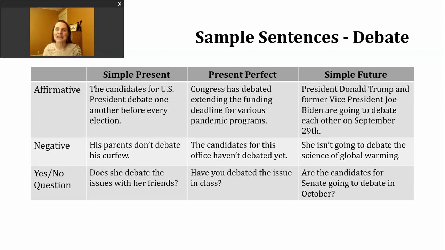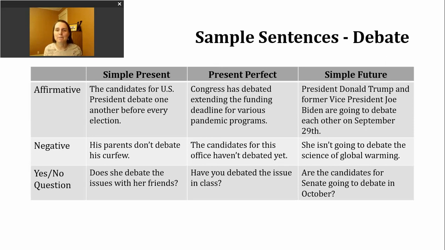Finally, let's take a look at the simple future. Today, we're going to use be going to and our base verb to discuss future activity. And let's go ahead and take a look at an affirmative example. This, I'll warn you, is a true statement as I'm recording this.